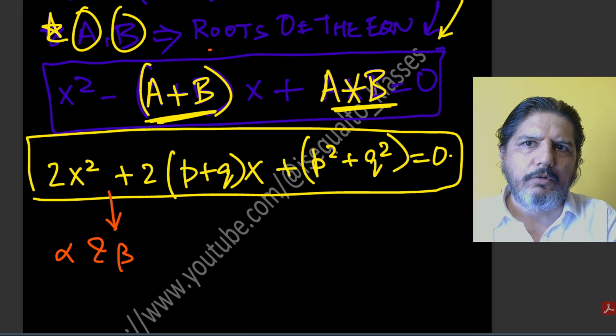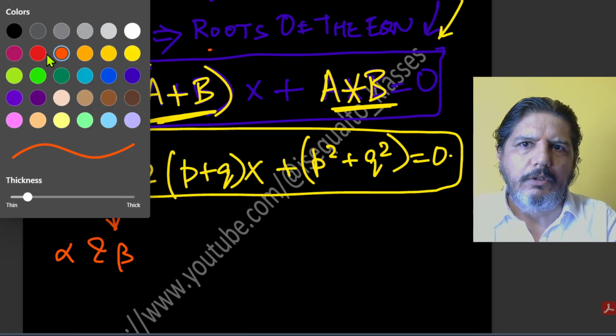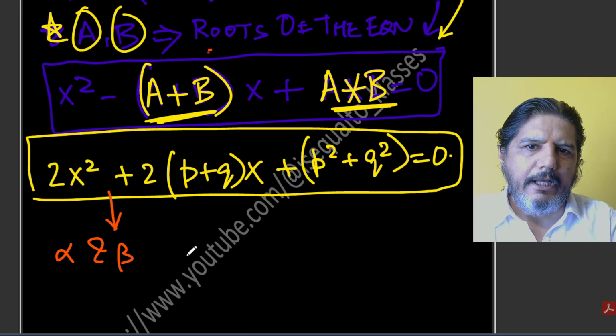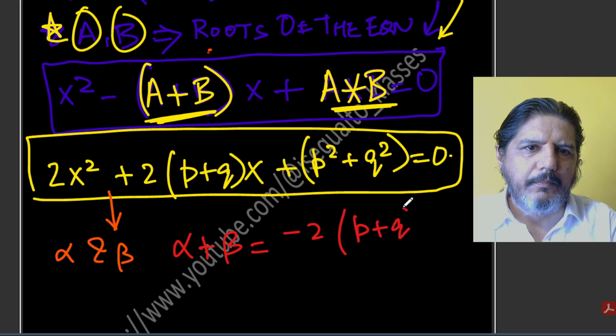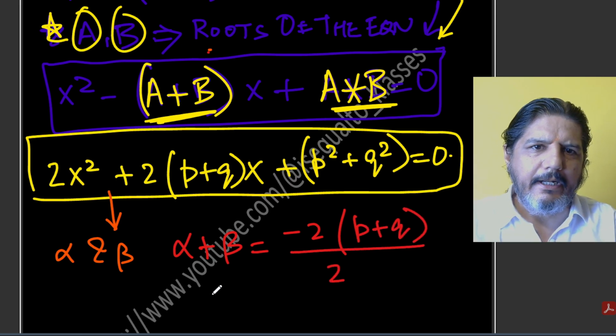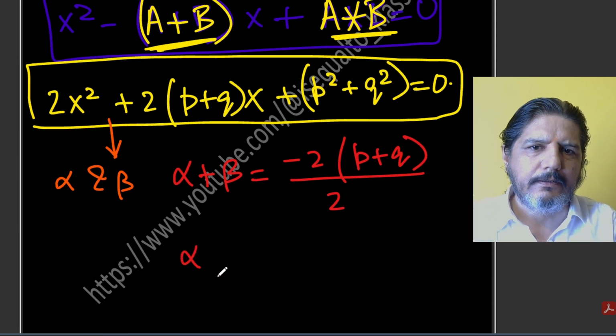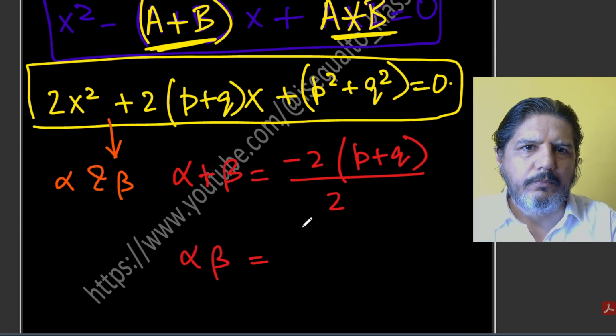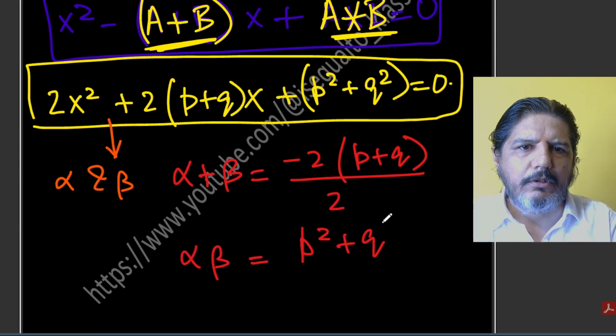So we know that alpha plus beta would be equal to minus b upon a, and alpha into beta is equal to c upon a.